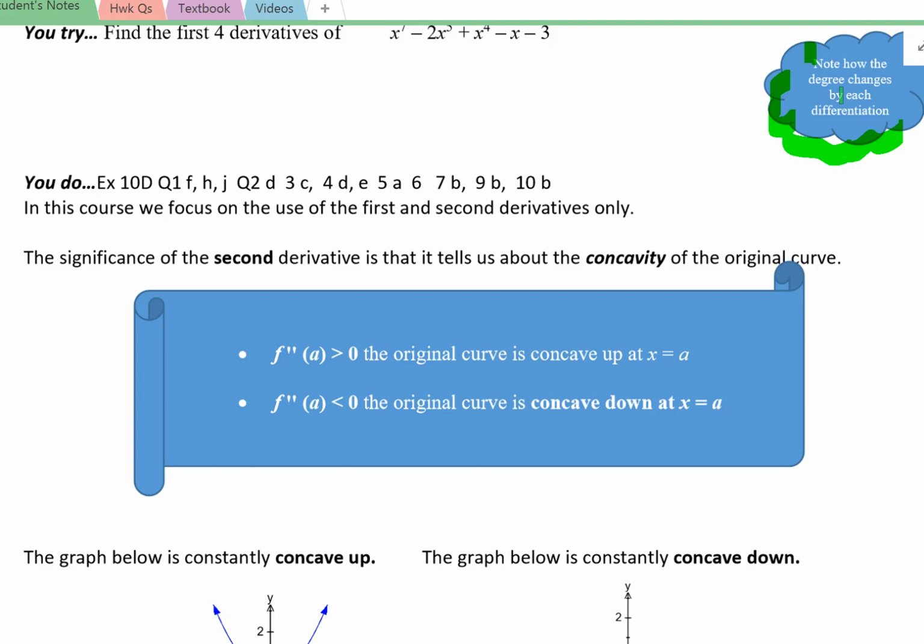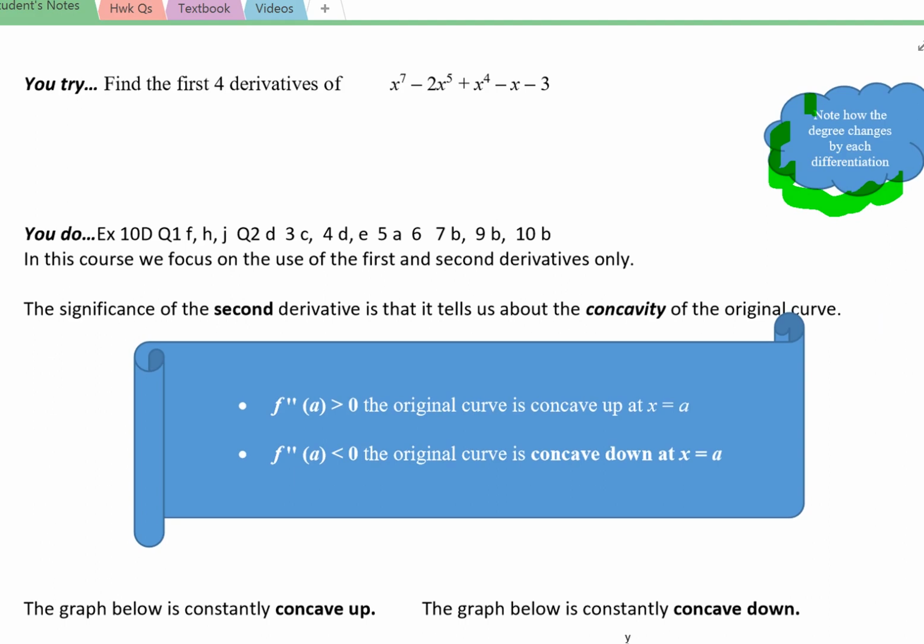If you start off with this expression, the first derivative will have x to the power 6. Then the next derivative's highest power will be x to the power 5, and then 4 and 3 and 2 and 1. We'll rarely deal with functions like x to the 7th.